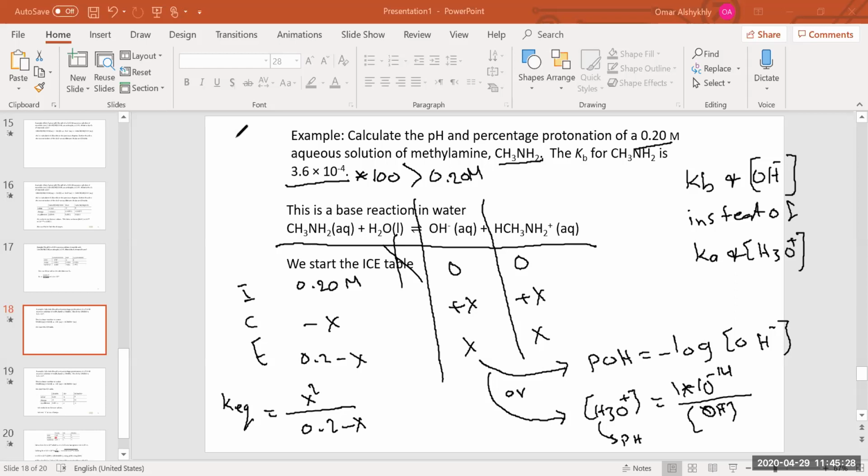Compare the X divided by the initial concentration times 100. If that is less than 5%, your approximation is valid. If larger, your approximation is not valid. You have to use the quadratic equation.